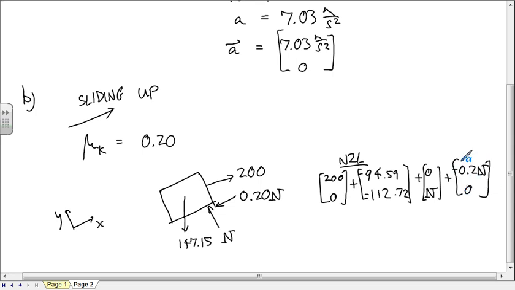And those are equal to the mass, 15, times the acceleration, a0. So this time, now that there's friction, we can't just ignore one of the two equations and solve for the acceleration. We have to first solve for the normal force using the y equation, then plug that answer into the x equation.